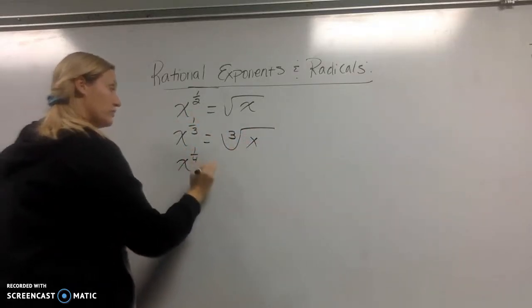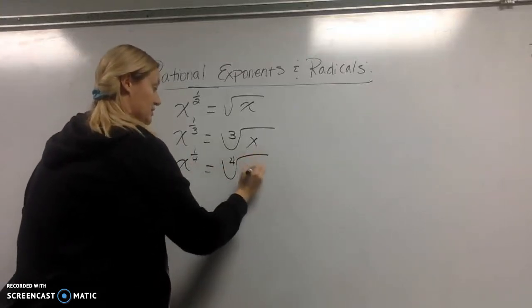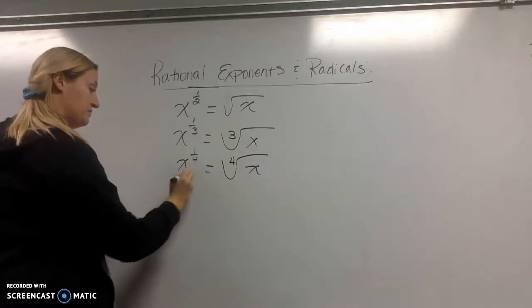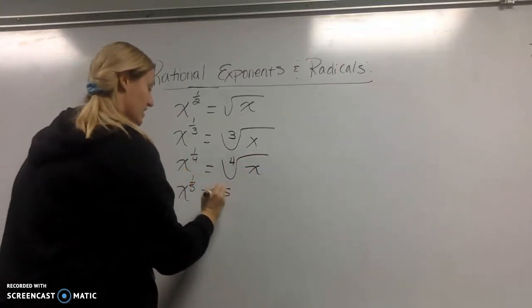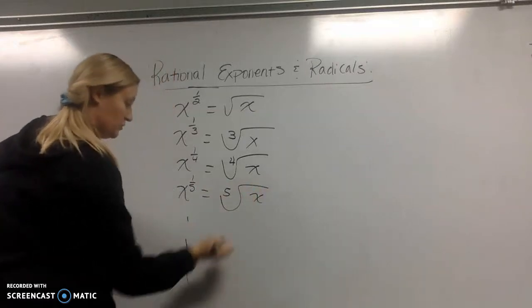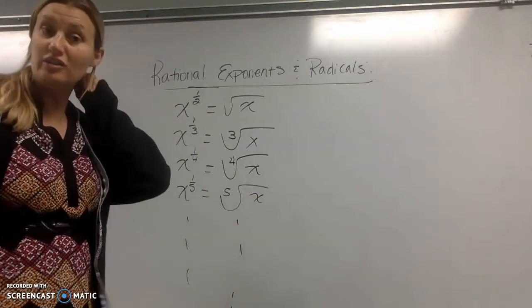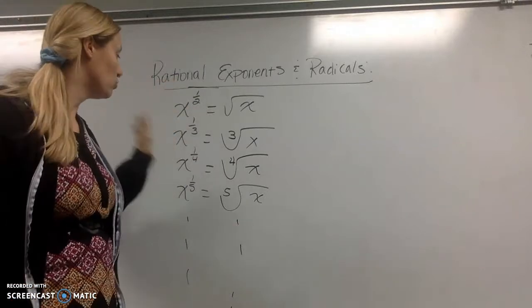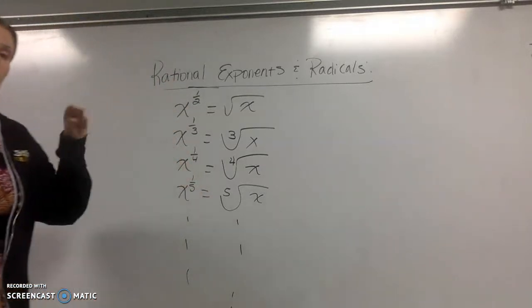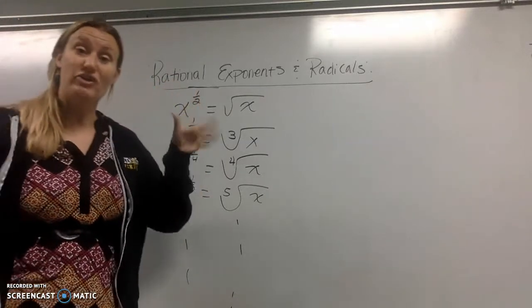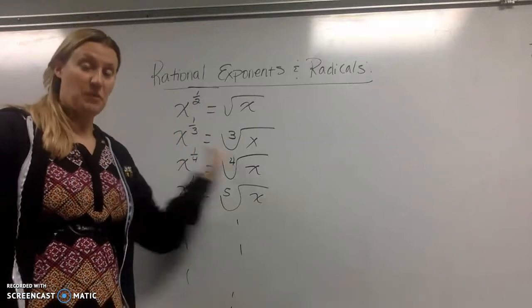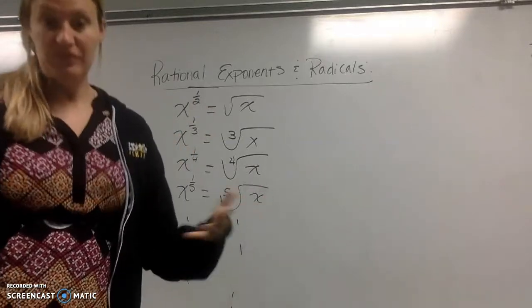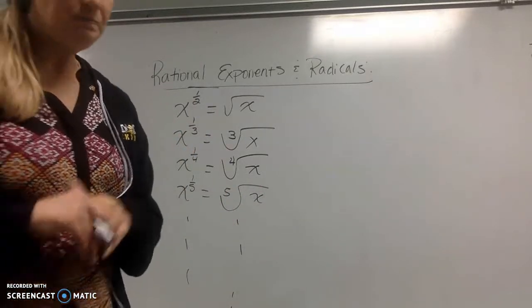To the 1/4 is the exact same as the 4th root, and vice versa. To the 1/5. And you can see that this will continue for all roots. Okay, notice how it's 1/2, 1/3, 1/4, 1/5. We're going to talk about what happens if that numerator is not a 1. Okay, but for right now, if you can think of it this way, that's going to be extremely helpful.